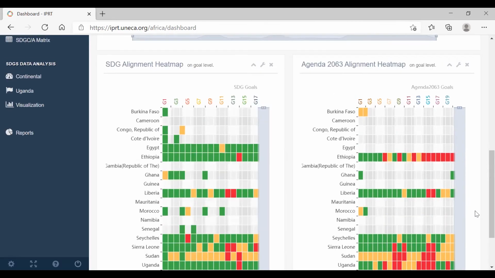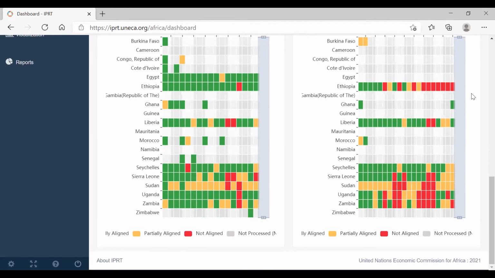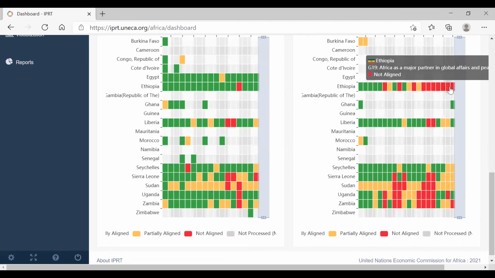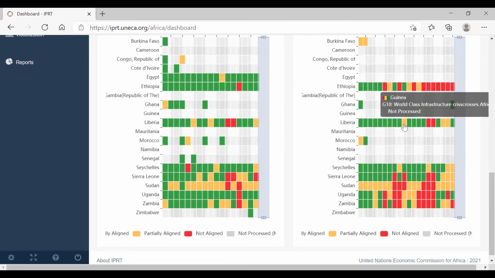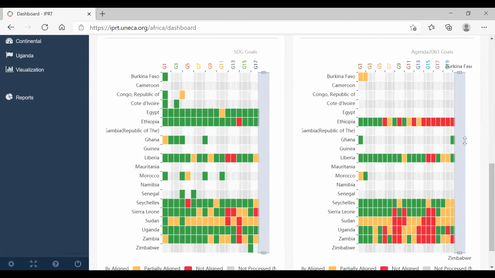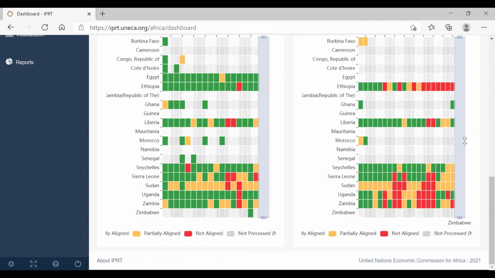The same is true for Agenda 2063 here, at goal level alignment for each African country. You see, for example, Ethiopia, here there are green as well as red and orange. And you see that there are quite a number of African countries where there's a lack of integration of Agenda 2063 with national development plans.